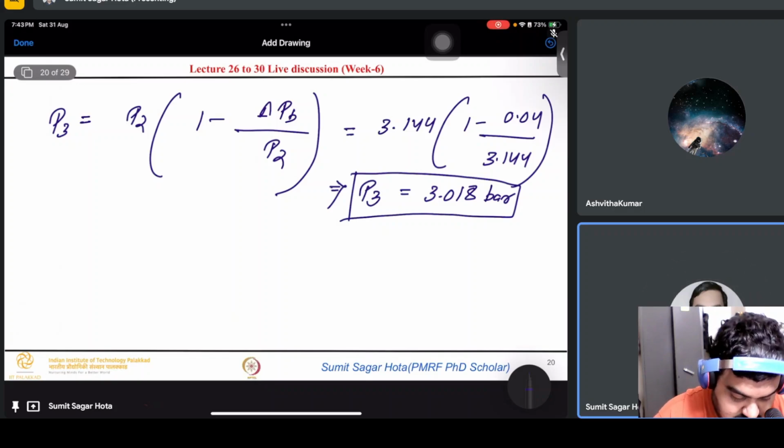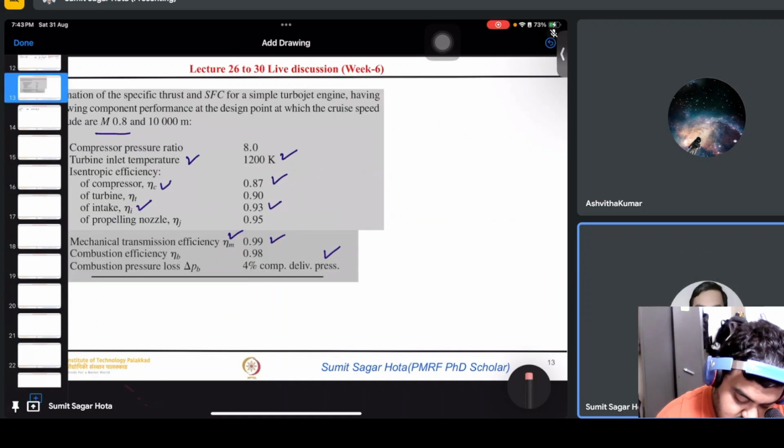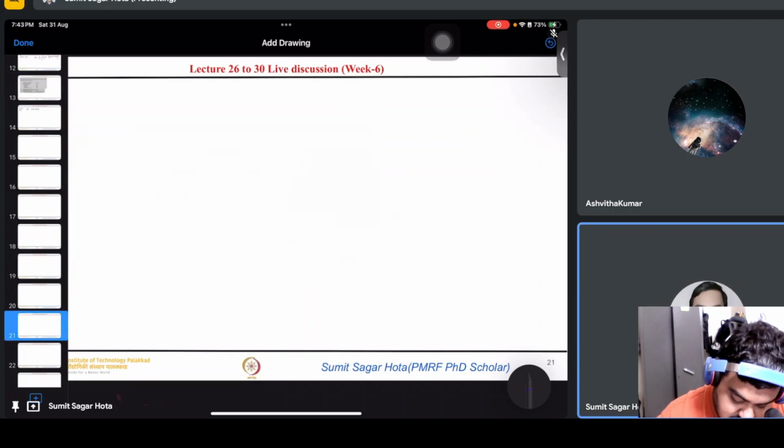Okay, so how can we calculate this T4 dash? We know the formula of the isentropic efficiency of the turbine. You see the formula here: the isentropic efficiency of the turbine, given in the question, is 0.9.